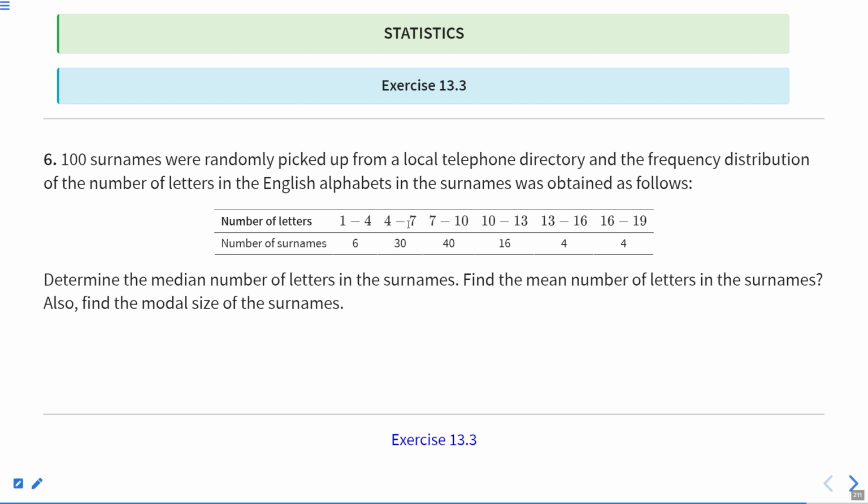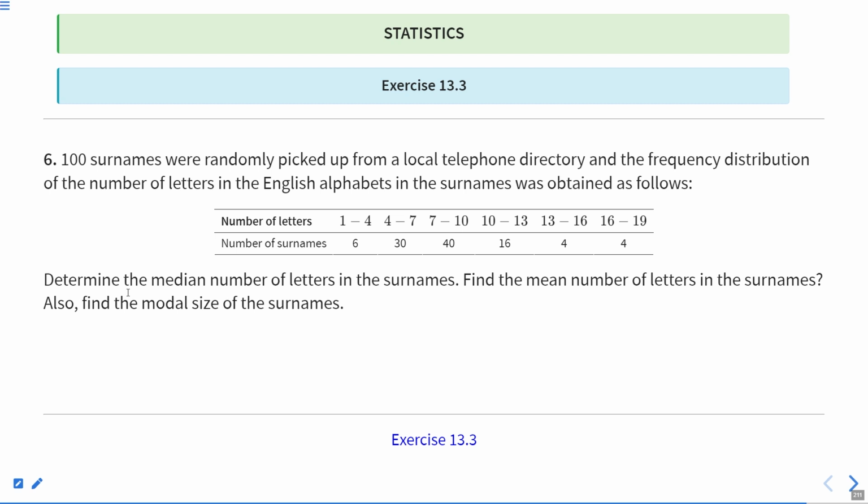For 4 to 7, there are 30 surnames, and for 7 to 10, there are 40 surnames. For 10 to 13, there are 16 surnames, for 13 to 16, there are 4 surnames, and for 16 to 19, there are 4 surnames. So now determine the median number of letters in the surnames.